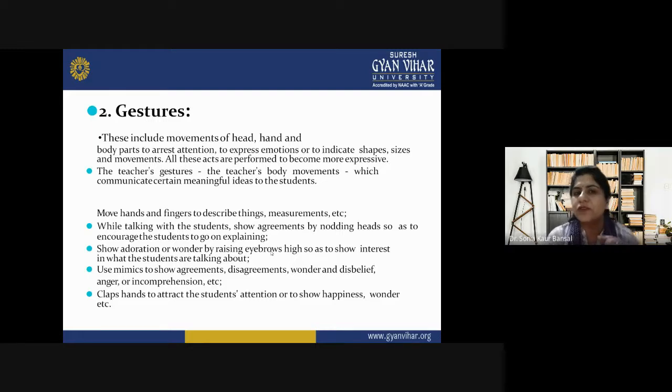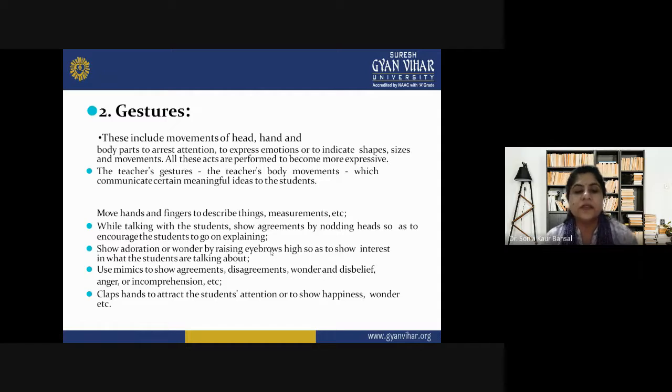So each and every gesture, your facial expression works on students, and they receive a particular kind of message during your class, and then they behave in that way and they react in that way. So it's up to the teacher what kind of gesture the teacher is actually required to give to his or her students, so that they maintain a good class decorum and they learn very effectively whatever the content is being taught by the teacher.